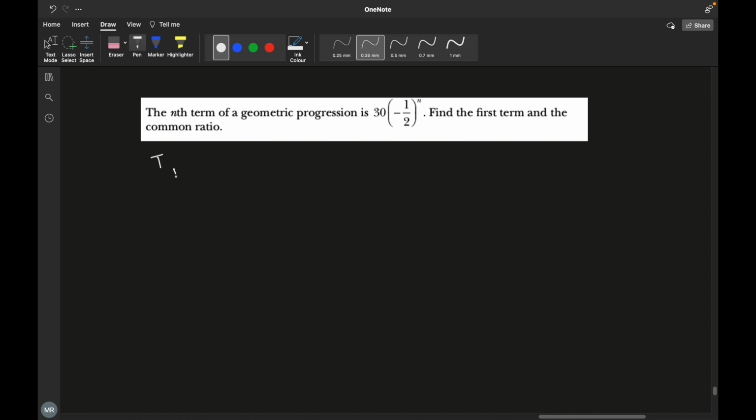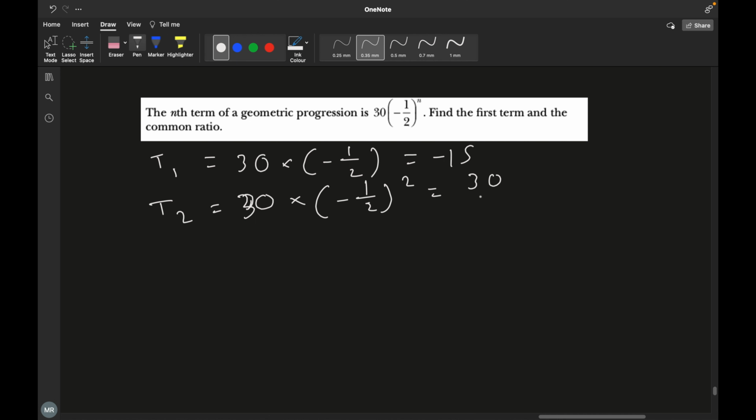Let's find T1. T1 is 30 multiplied by -1 by 2. That's -15. T2 will be 30 into minus half squared. That will be 30 by 4, which is 7.5. If we want to find the ratio, we do T2 divided by T1.